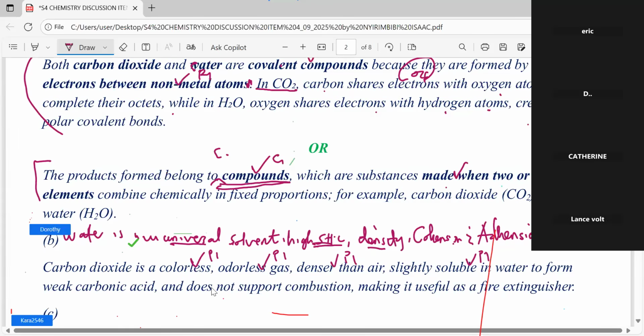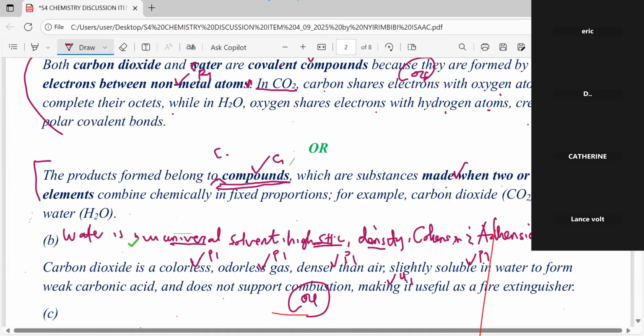And then we continue to say, does not support combustion, making it useful in fire extinguishers. You see that this is its use. So in that case, you are able to get all your scores. You gave us as many points as you could, surely. Those are enough. Thank you very much.